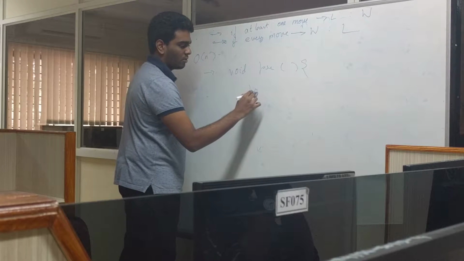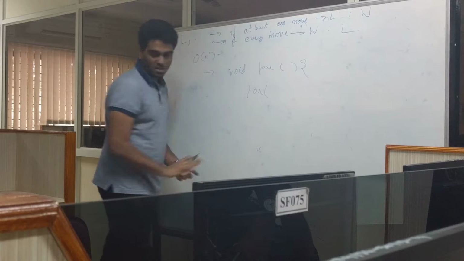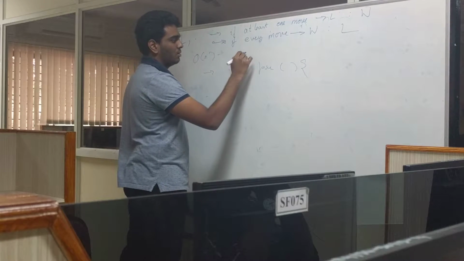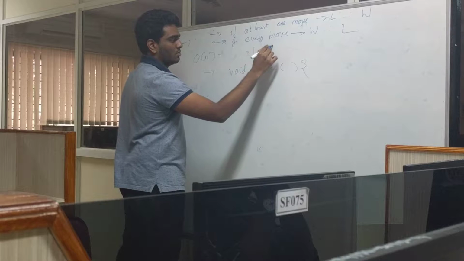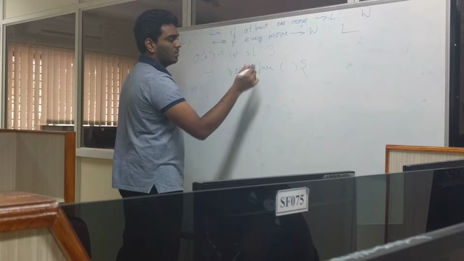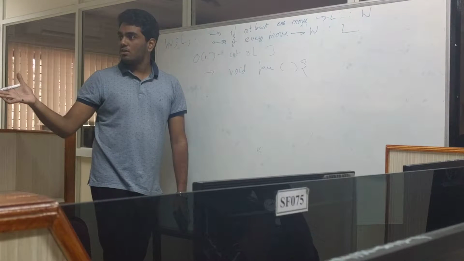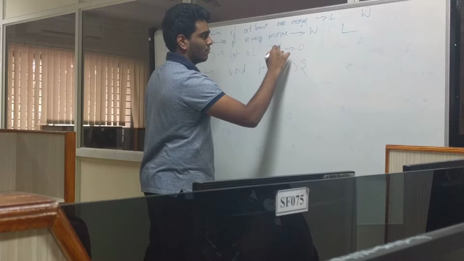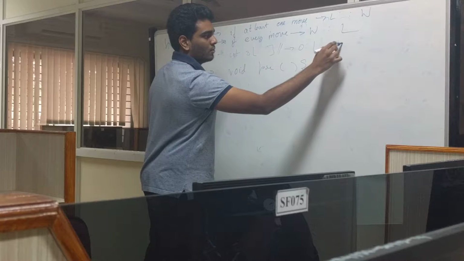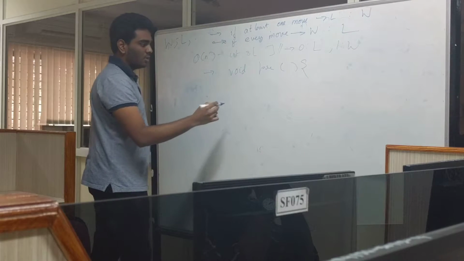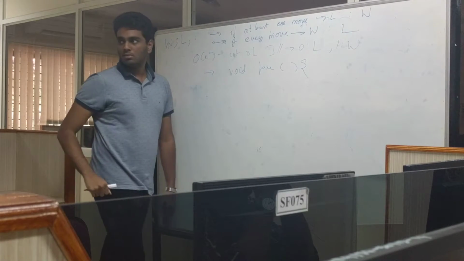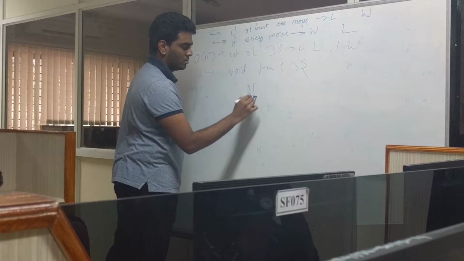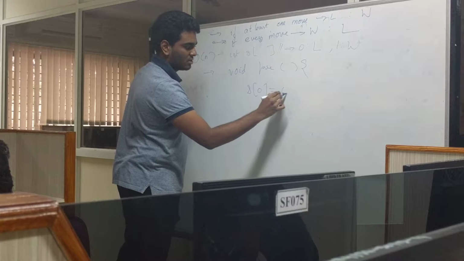So one for loop. First I'll have an array. I'll keep 0 as losing state, 1 as winning state. Initially, I'll set s of 0 equal to 0, because 0 is always a losing state.